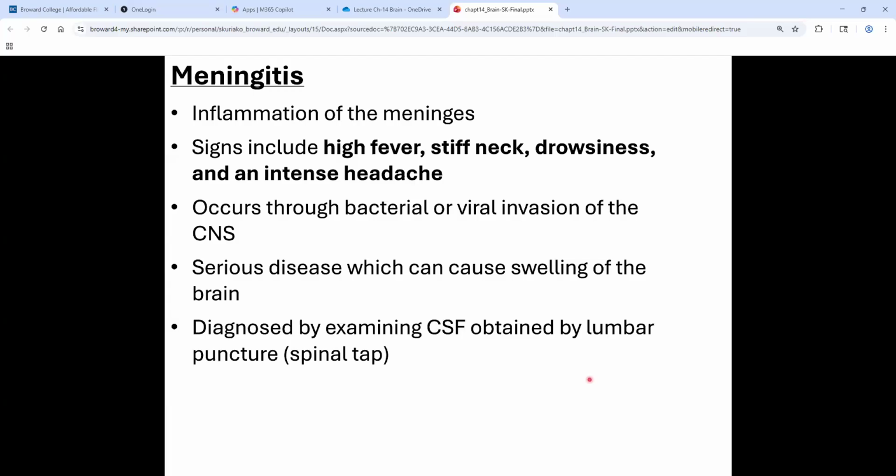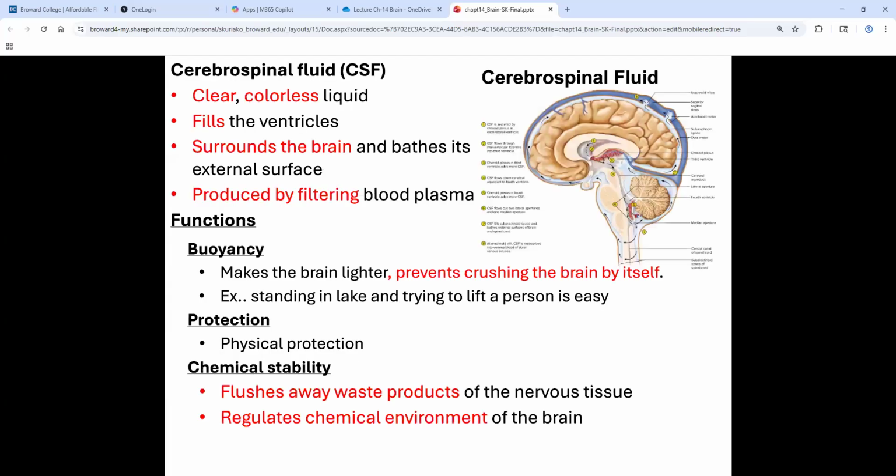If you can pass a needle below L2 and draw some fluid, you won't damage the spinal cord. At the same time, you can get some fluid. So this is where we do a spinal tap. So it'll be the intervertebral space below. You can go below L1, but to be safe, go below L2, in case the spinal cord is extending up to L2.